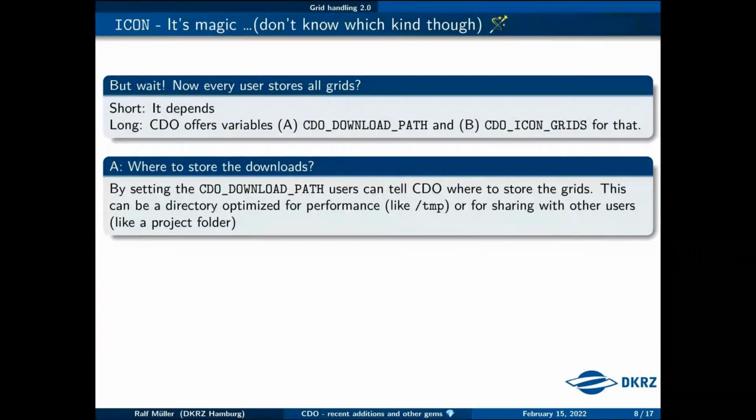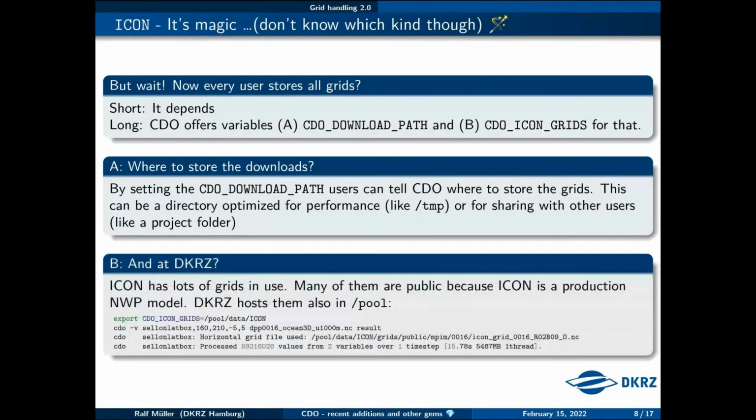And you can also try to go for more performance and use something like the temp directory or something similar for that kind of purpose, so that at least the IO part, or the time spent in the IO part, is minimized. And at DKRZ, these data sets are already stored in the pool directory, as you can see here in the example.